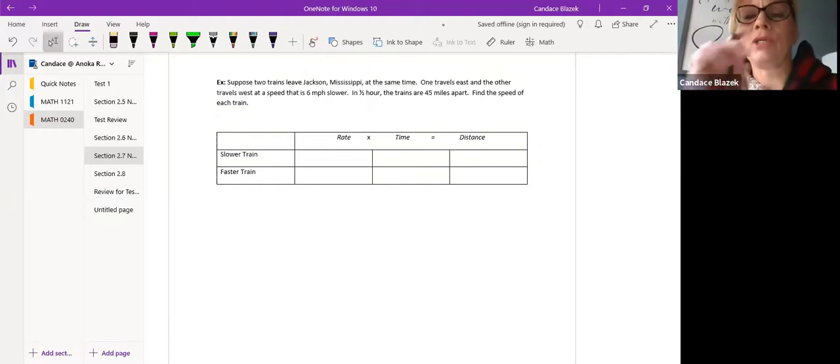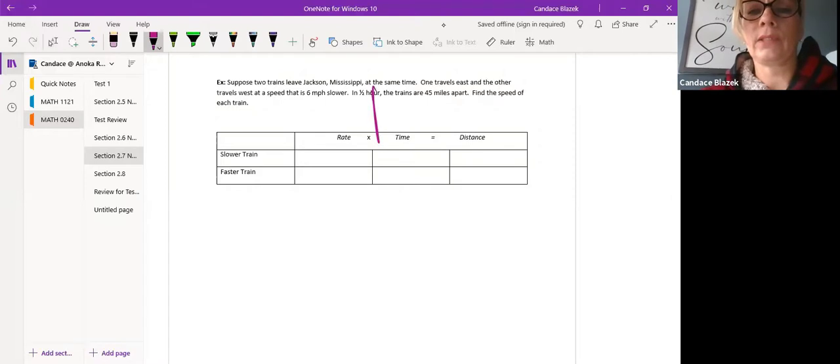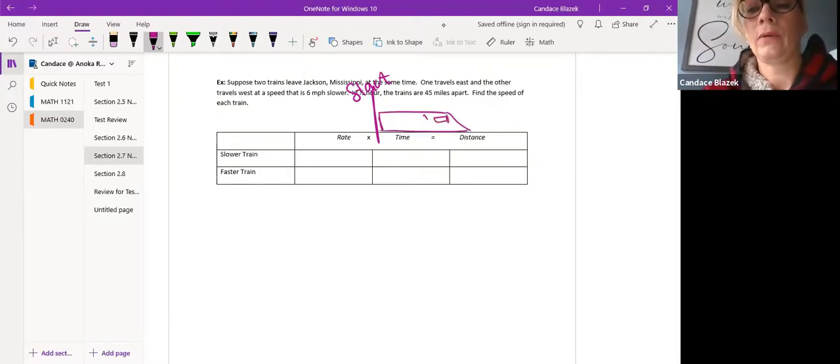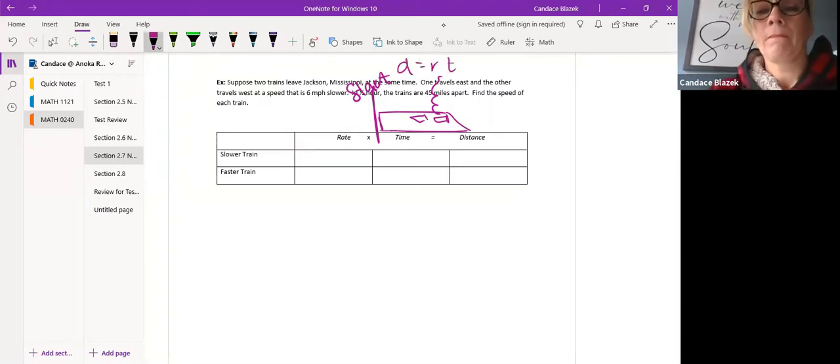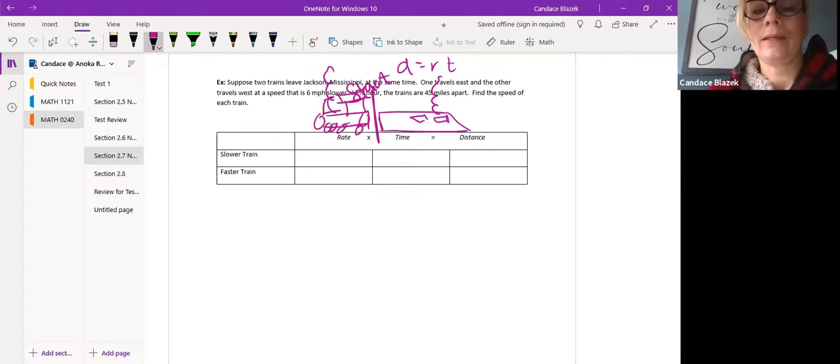So I'm going to draw a picture because this is where they start. We have one train that is traveling east. I'm just going to let this look like a modern train. Yes, it's traveling east. And we know still the distance equals rate times time. But at the same time, we have another train, okay, maybe it's an older train, that is traveling west.